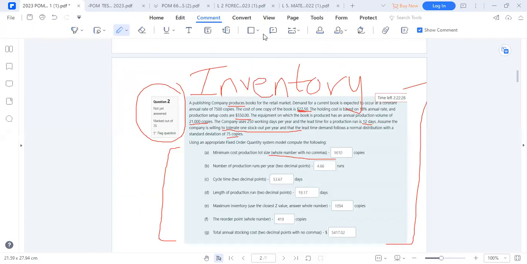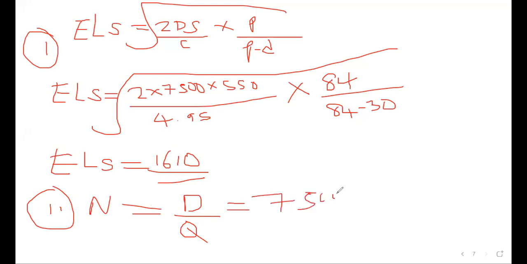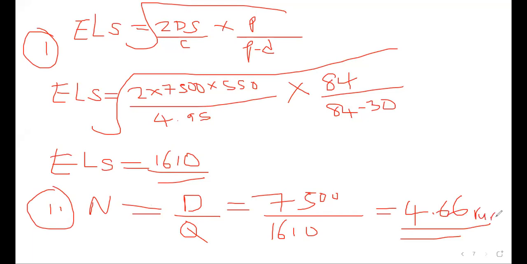So number of production runs, the formula I gave, is equal to D over Q. Our D is 75, then divide by our Q, which is 1610. So 75 divided by 1610 is 4.66 runs.